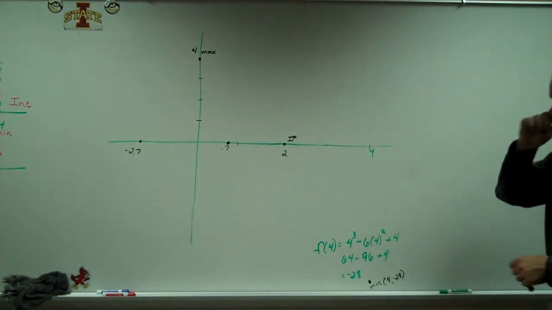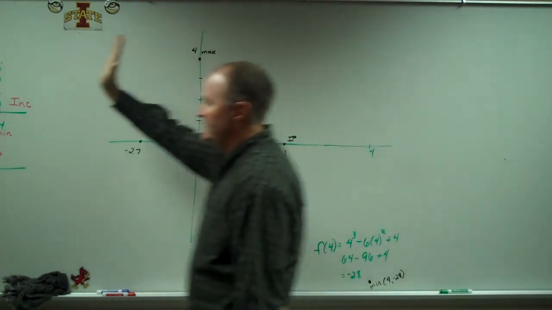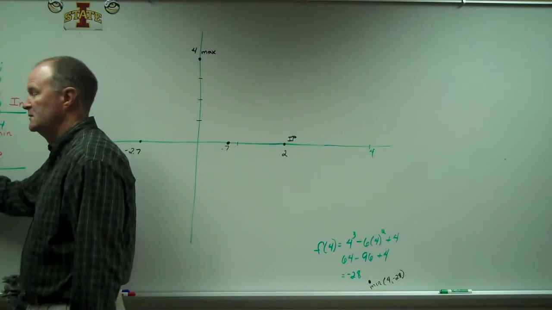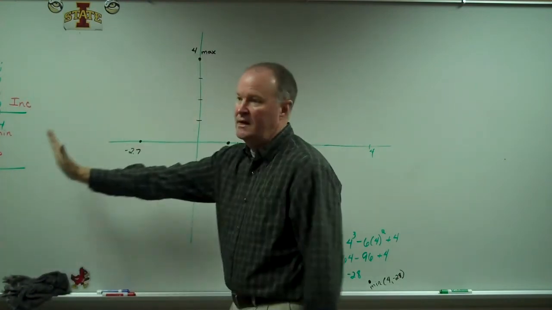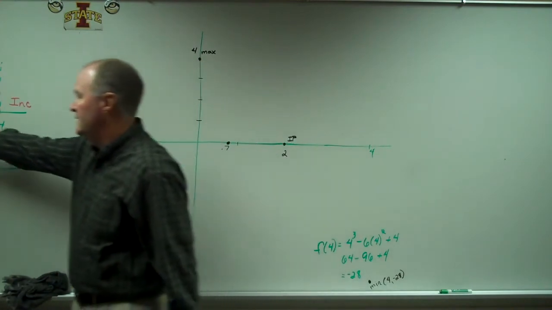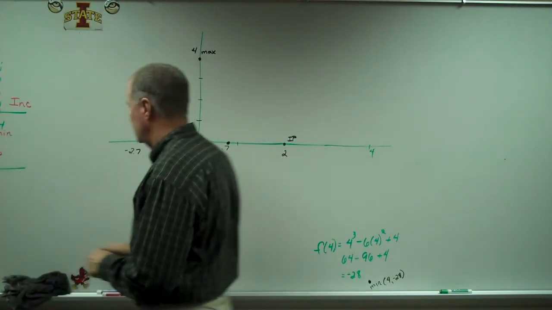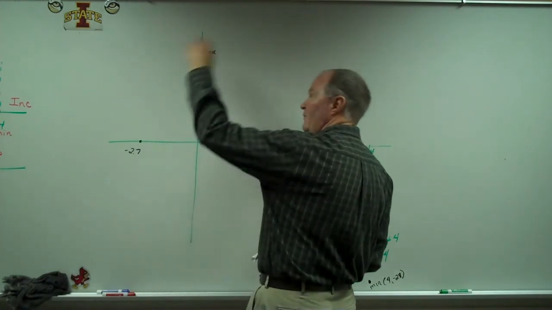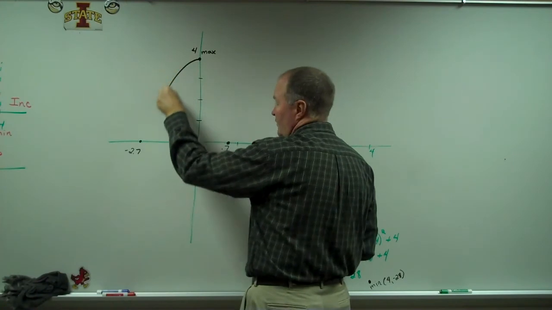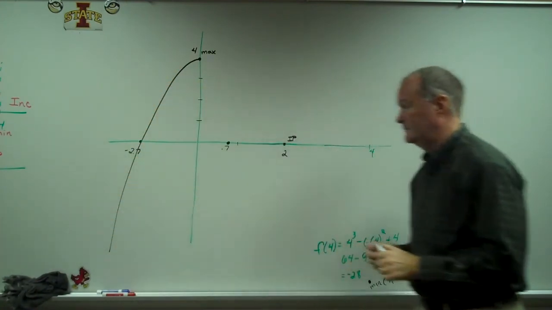All right, ready to connect the dots? If I look at my chart, 0 is my first thing I come into from the left. I have a spot here and a spot here. I have to be increasing and concave down. That's going to look like that.